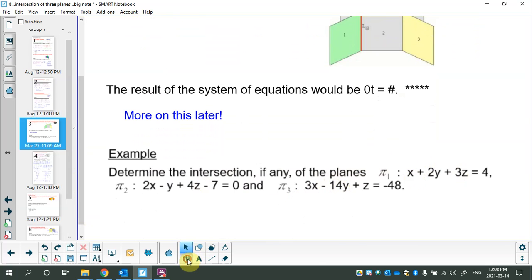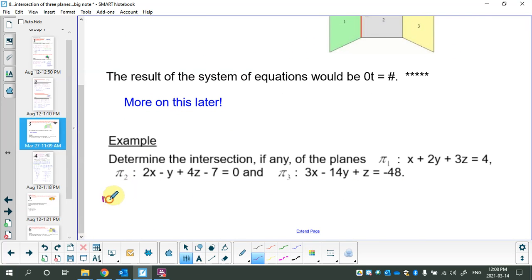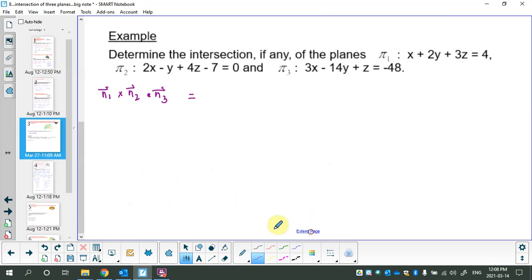And what do you do when there is no pattern? You do the triple scalar product. Every single time. Because I'm not going to tell you what result to expect in the middle of a test. So I'm going to always do the same thing.